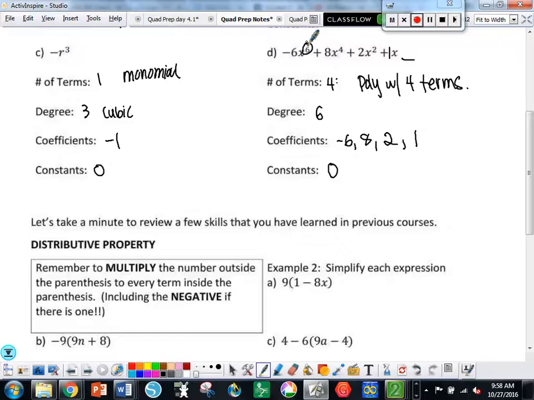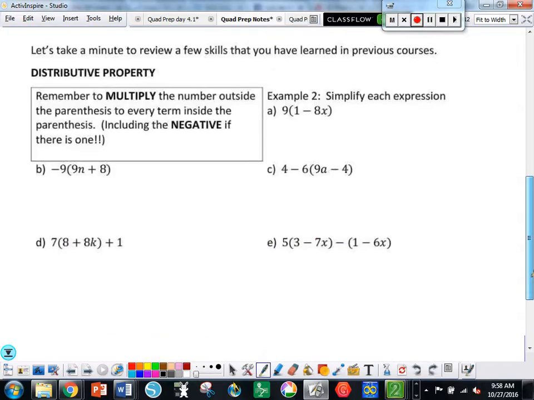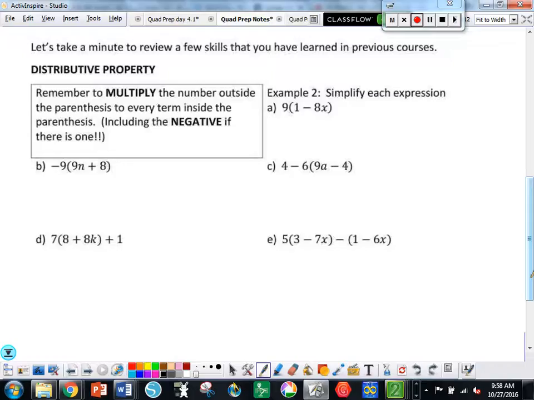Okay, hopefully this comes back quickly. The first one is we are going to remember how to use the distributive property. Y'all remember how I taught my 7th graders the distributive property? So when I distribute, we have to make sure every term gets that 9. On each of these, I try to give you a little hint of how to do this.